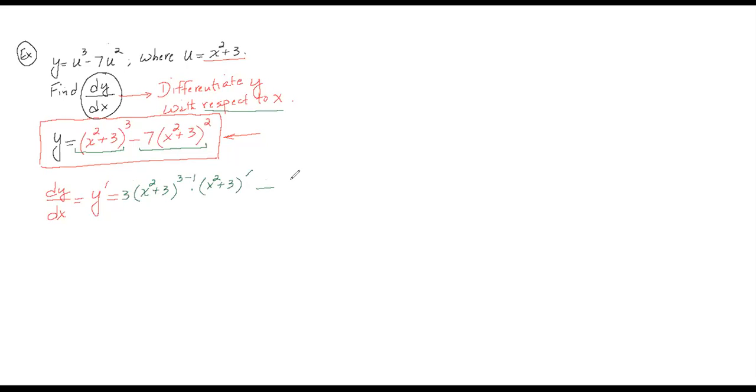And then minus, the second one's also a chain rule, so that would be 7 times 2 (x squared plus 3) to the power 2 minus 1 times the derivative of x squared plus 3. So now we need to prime these. And what is derivative of x squared plus 3? 2x. Thank you.